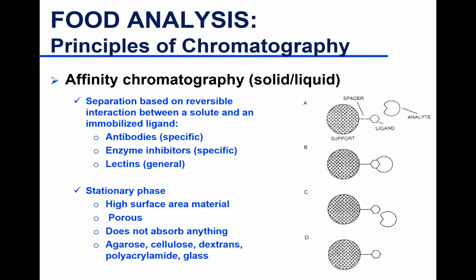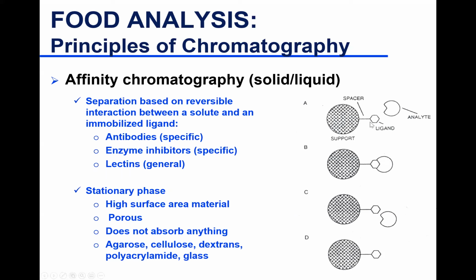So one way to do that is to run it through an affinity chromatography column. In this particular case, you have an inert support, and an arm of some form of organic compound that would bind to a ligand. The ligand in this case would be specific to the antibody that you are trying to separate.